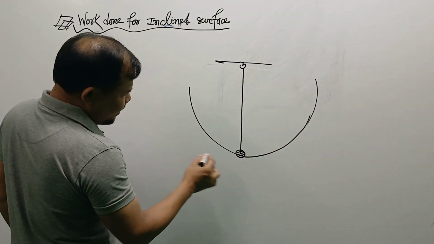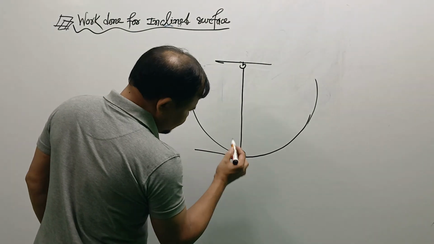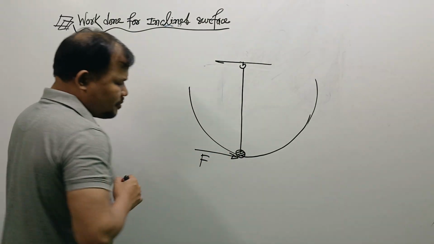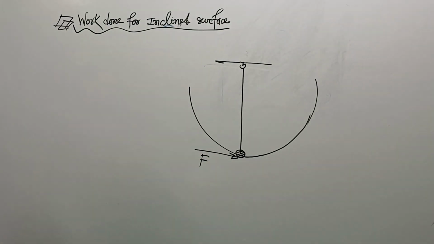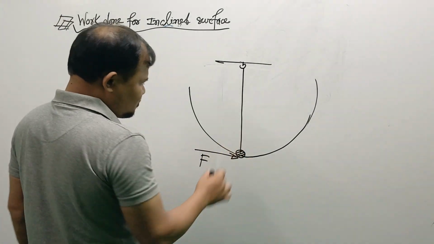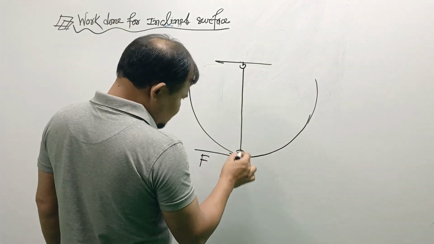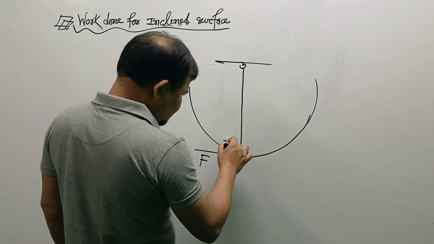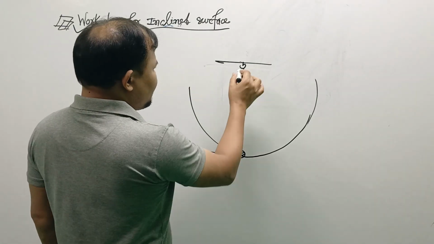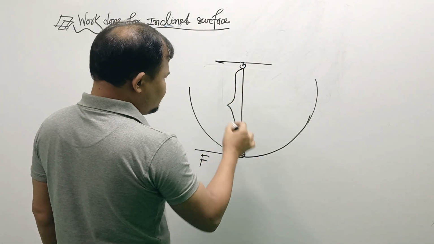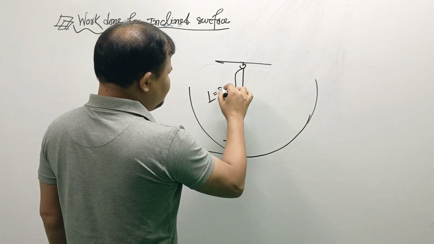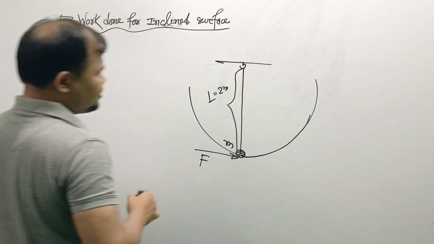Suppose we apply the force on the object in this direction. This is the direction of the applied force. The mass of the bulb, you just see, this is a pendulum. The mass of the bulb is m and the length L is, suppose, 2 meter.